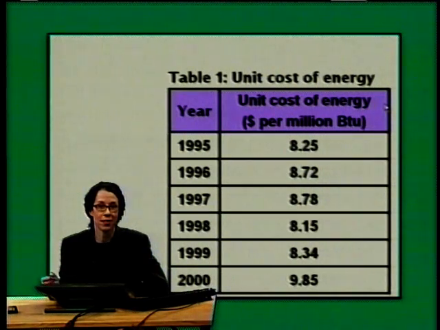Let's look at this table globally to see what's going on. We see that the unit cost increases a little bit, increases a little bit less, decreases, and then goes up again. And finally, there's a big increase between 1999 and 2000. The data in this table definitely does not describe a linear relationship, but we can still talk about slope.